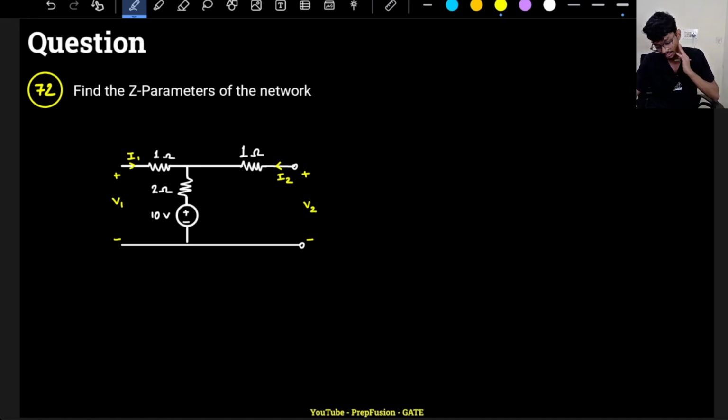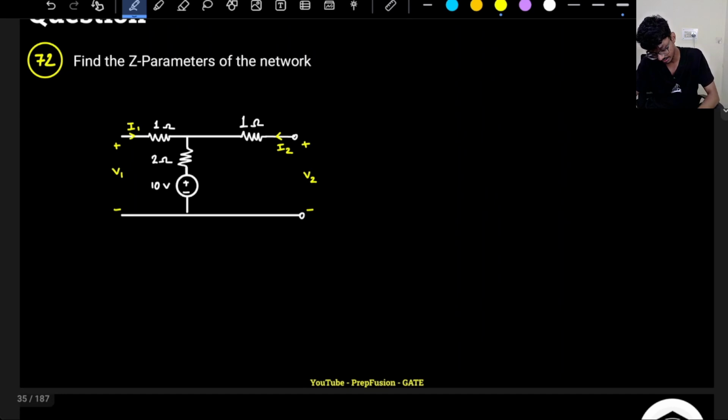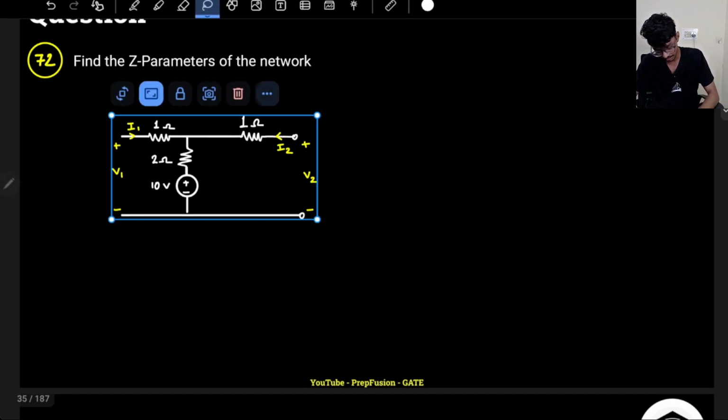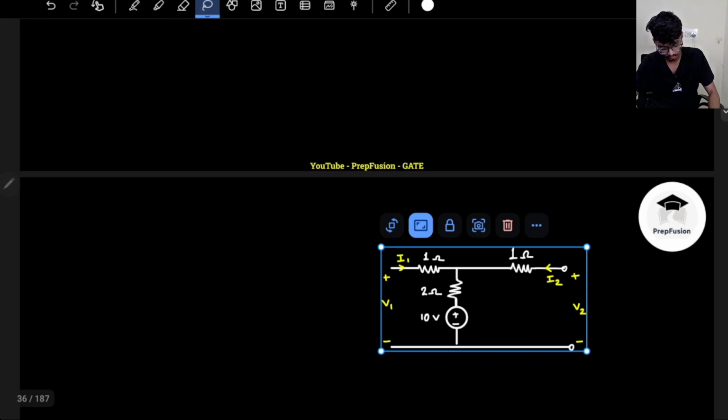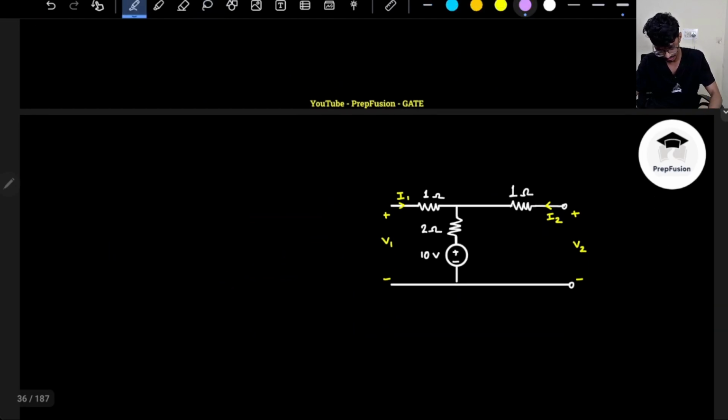Okay, so again in this, simply I can again copy this network and write two KVLs. So seems like a complex network but is really a simple network. So this is the first KVL with I1 and this is the second KVL with I2.